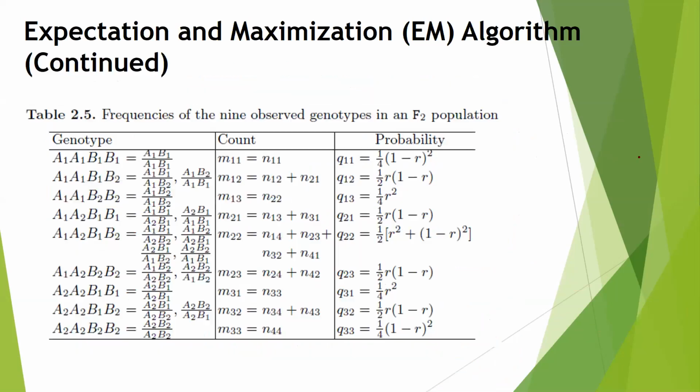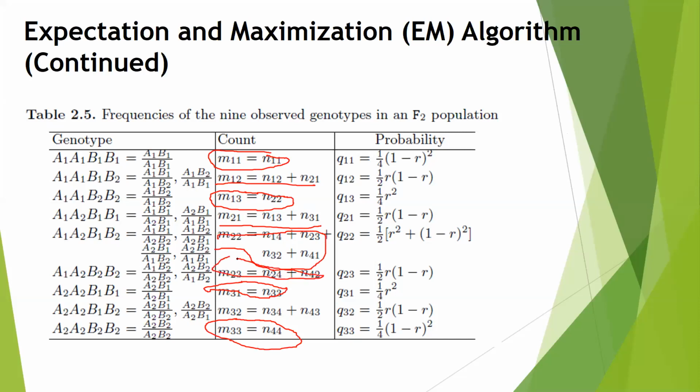Now, the EM algorithm. So these are the 9 categories here. For this category and this one, that's easy, right? We can easily distinguish these 4 categories from the other categories. They are standing out by themselves, especially this one.